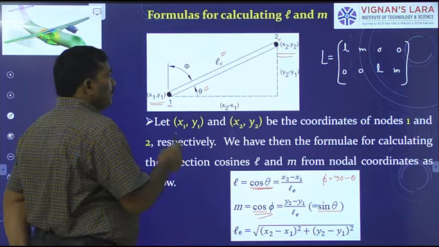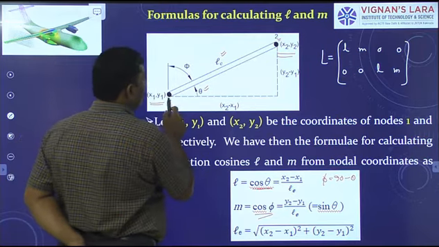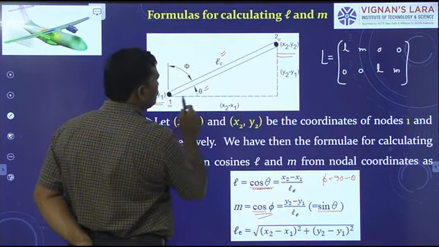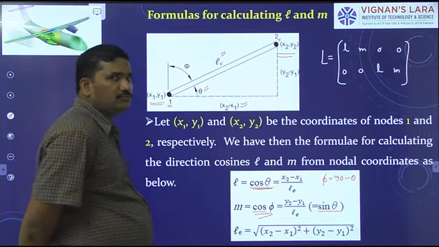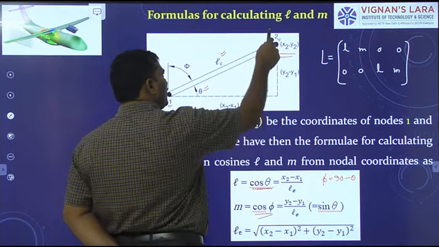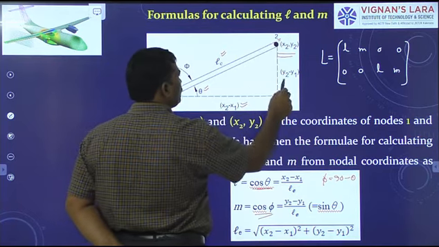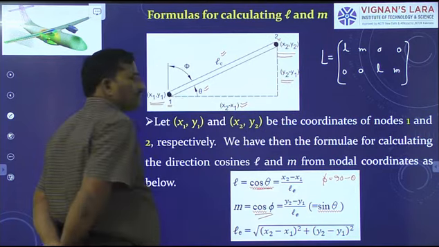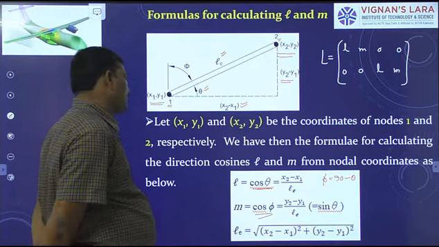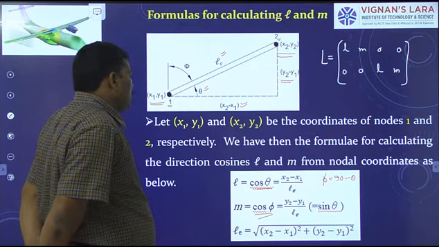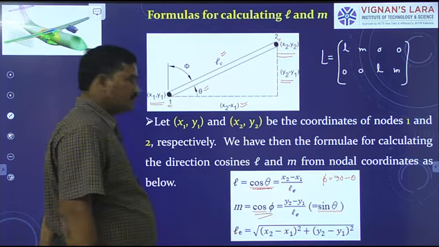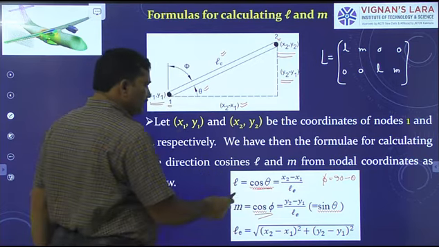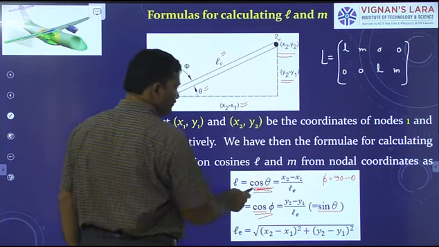Now, what is the horizontal distance between nodes 1 and 2? It is simply x2 minus x1. And the vertical distance between nodes 1 and 2 is y2 minus y1. Now, the direction cosine l is simply cos theta.